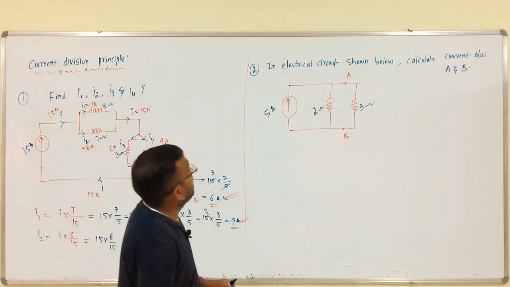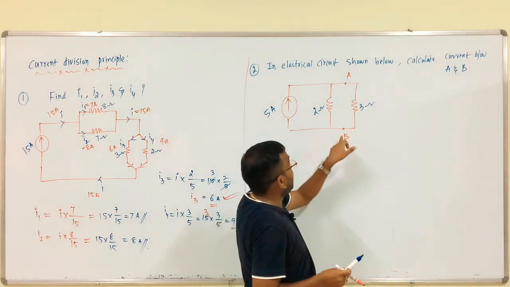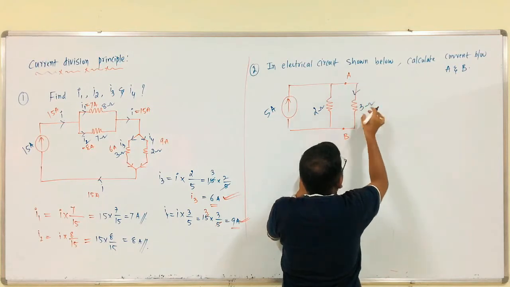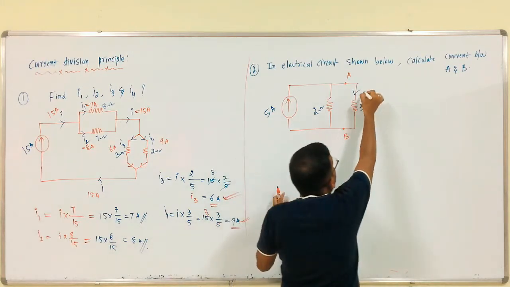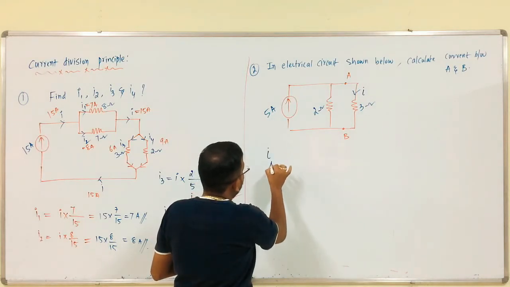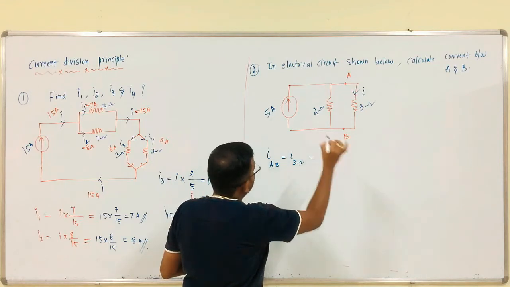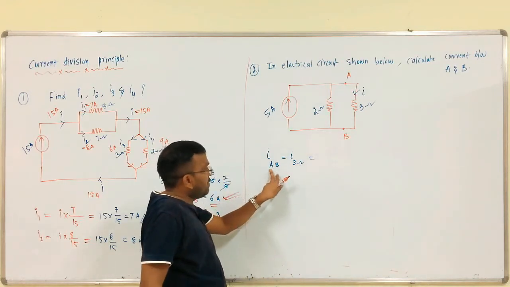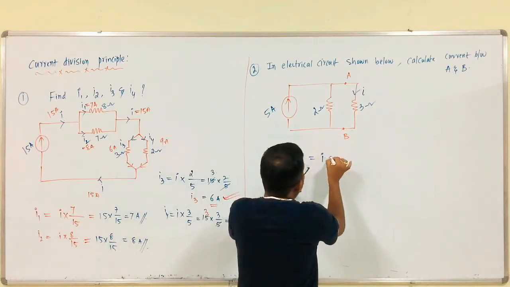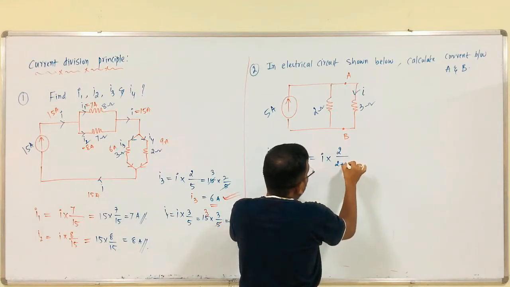Next, in the electrical circuit shown below, calculate the current between A and B, which means we have to calculate the current through the 3 ohm branch. The current between the terminals A and B is nothing but the current through the 3 ohm branch, which equals total current into opposite branch resistance by total resistance 2 plus 3.